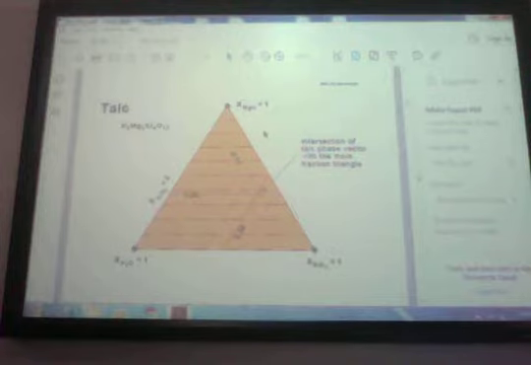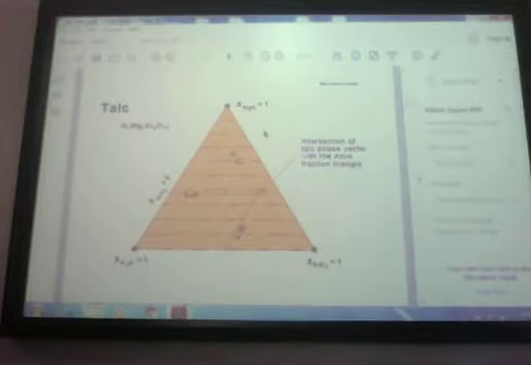And for those who are doing ES301 and ES303 next year, you will always be confronted with this triangle.